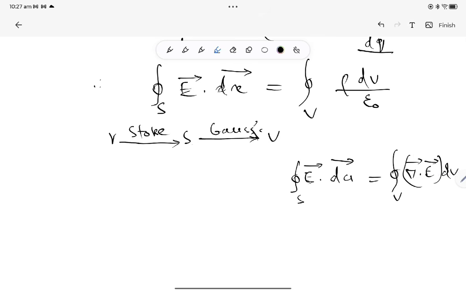That is, the flux of something is equal to the volume integral of the divergence of that thing.